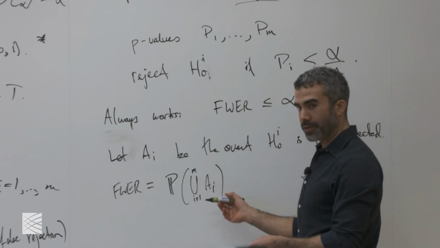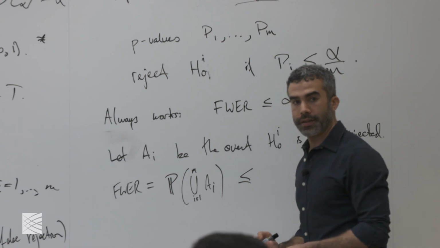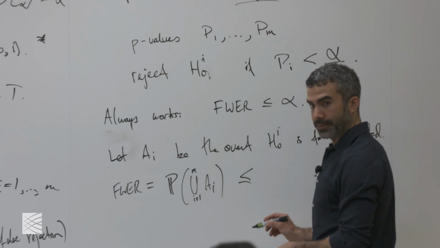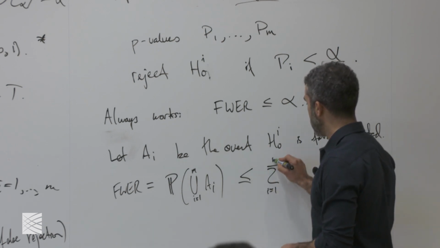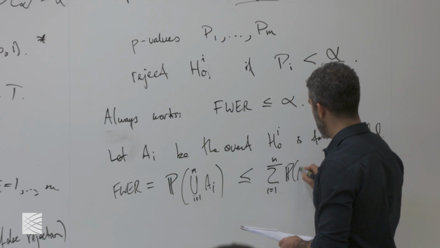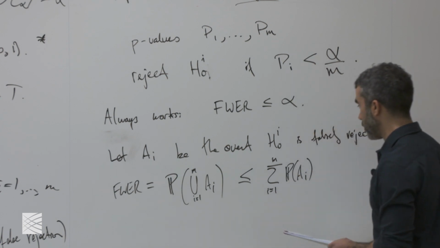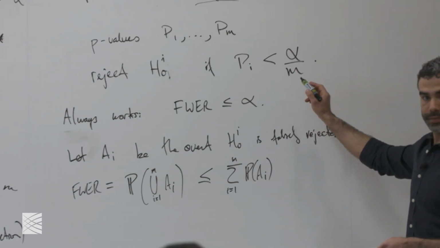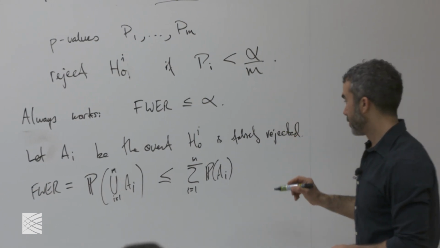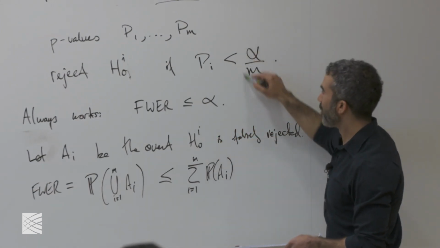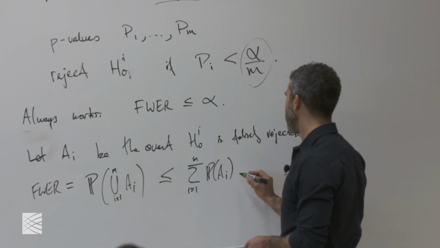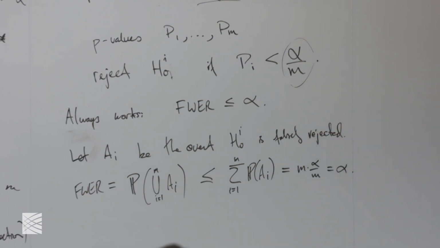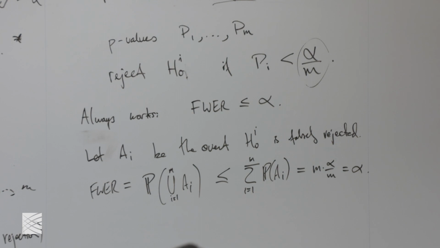But the probability of the union of some events is at most the sum of the probabilities. Worst case scenario, they don't overlap at all. And in that case, what is the probability of one of these false rejections? It's alpha. Well, actually, no. It's alpha over m. Yes? Okay, so this is m times alpha over m, which is alpha. Okay, that's the proof.